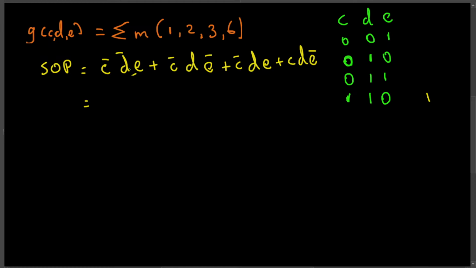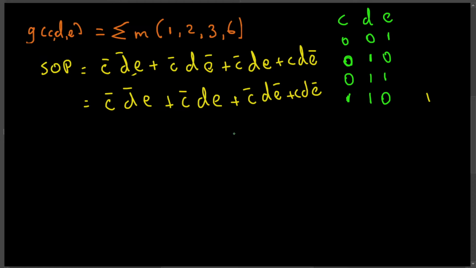So here is another possible way: we can actually take C complement E common. So let's rearrange this one. C complement D complement E, C complement D E, and then plus C complement D E complement, and then we have C D E complement. Okay, this one is going to work perfectly.